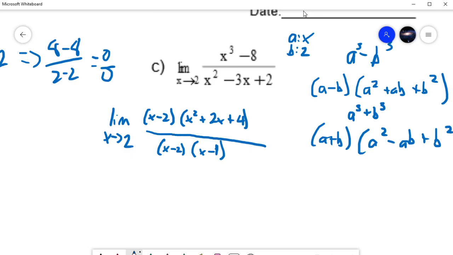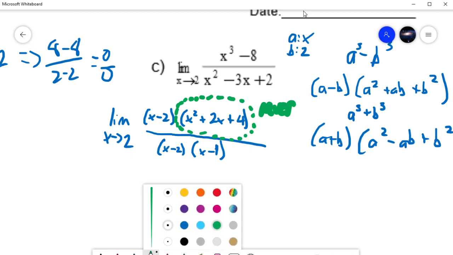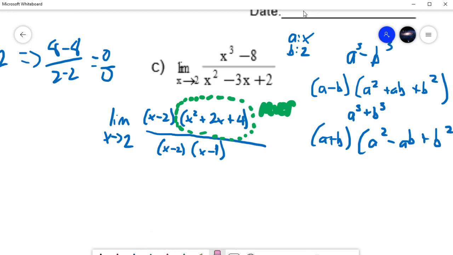Now, the sum of squares, x squared plus 2x plus 4, never factors. So don't waste your time on it.